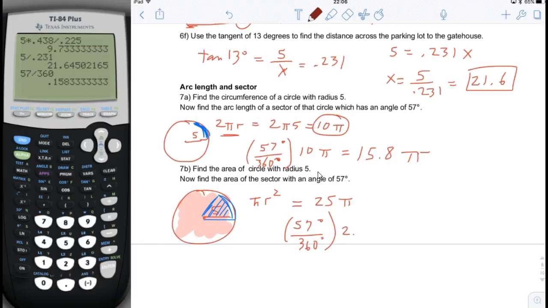So I'm going to multiply that times 25 pi, and that's going to give me the area. 57 divided by 360, I already know that that's 0.158, right? And I'm going to multiply times 25. And I'm not going to multiply times the pi, I'm just going to leave the pi as pi. 3.96, so it's going to be 3.96 pi. Okay? And that's it, we're done.